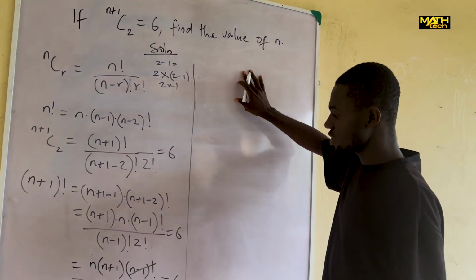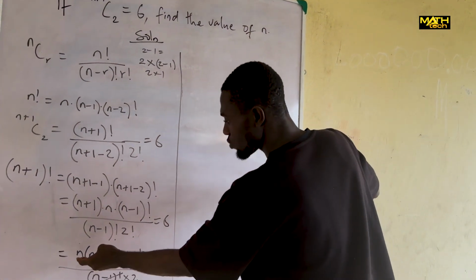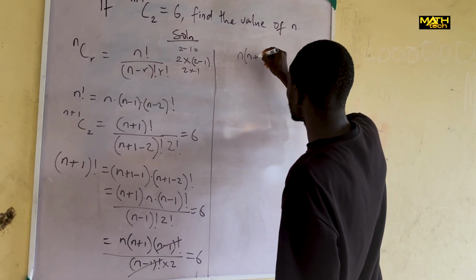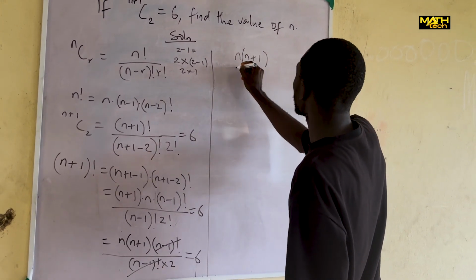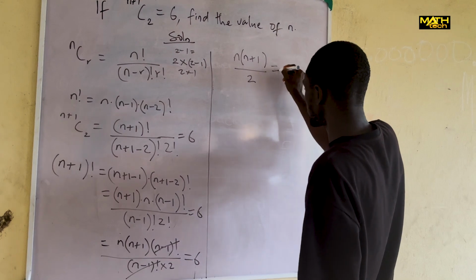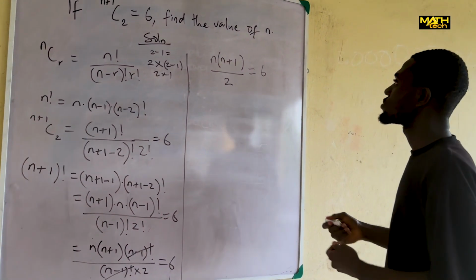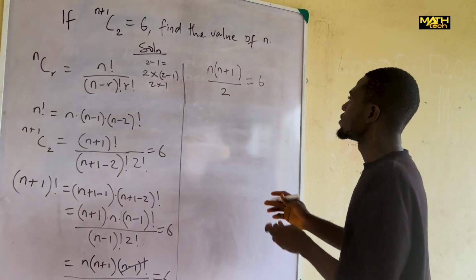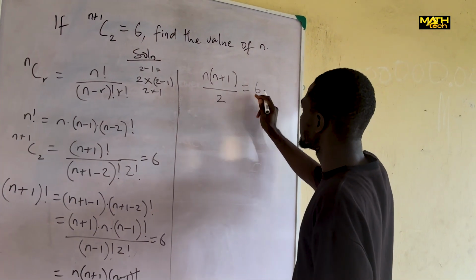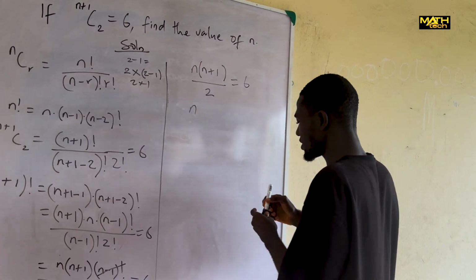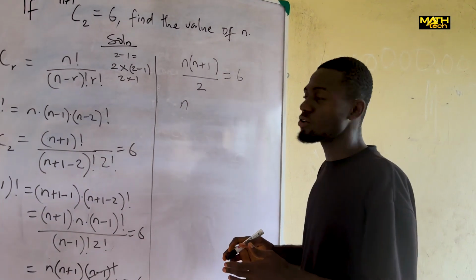Let's go back to our calculation. What we have left here is n into n plus 1 all over 2 equal to 6. At this point, we cross multiply. Don't forget, all integers are rational numbers.